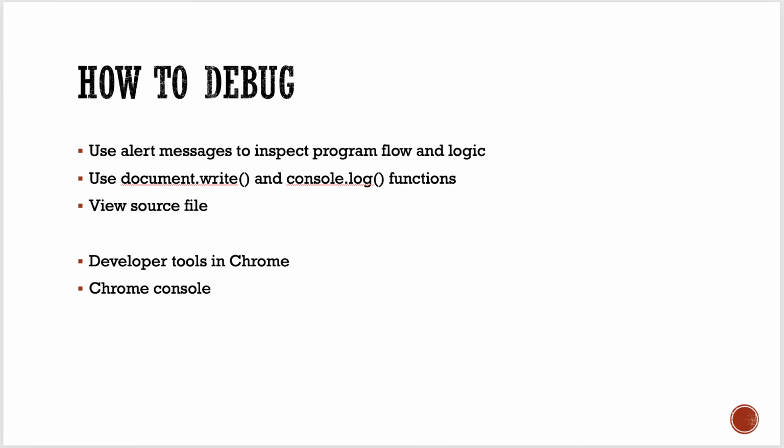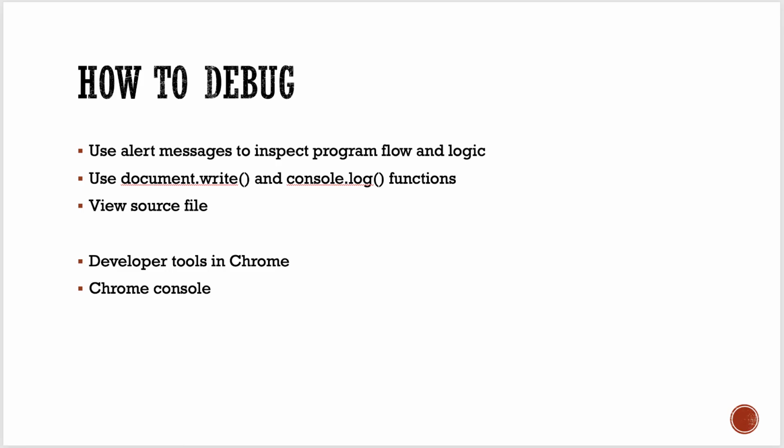There are lots of different ways to debug your code and identify where errors may be. When you are working with a JavaScript application and something that you expect to happen is not happening, one way to debug your code is to use document write or console log functions. The document write function will write something out to the web browser.